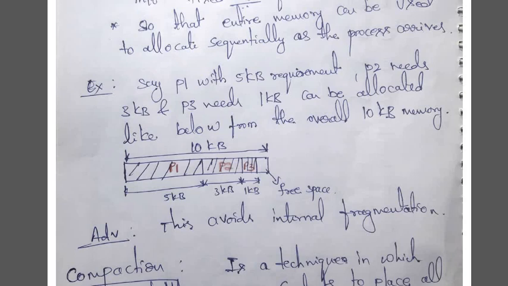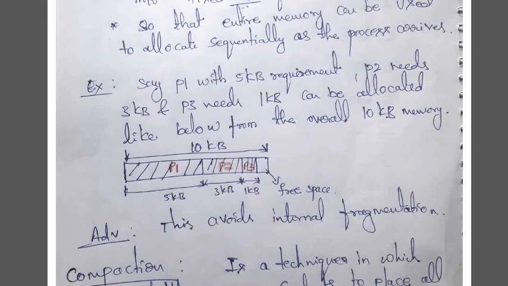Take the 10 kilobyte memory. Allocate P1 with 5 KB. Next, process P2 needs 3 KB, so the next 3 kilobytes continuously are allotted to P2, and the next 1 kilobyte of addresses is allocated to P3.